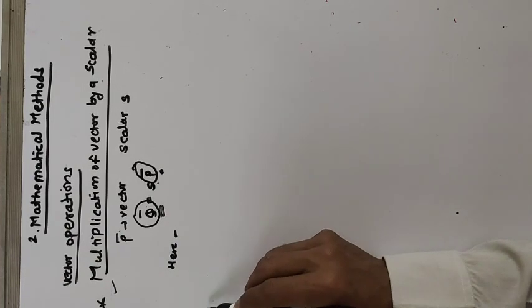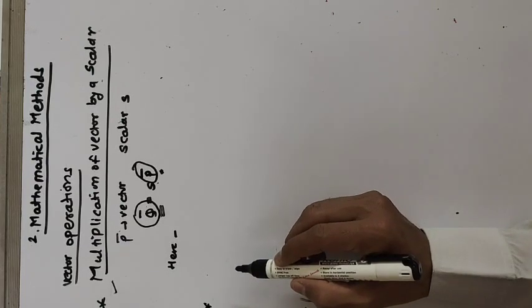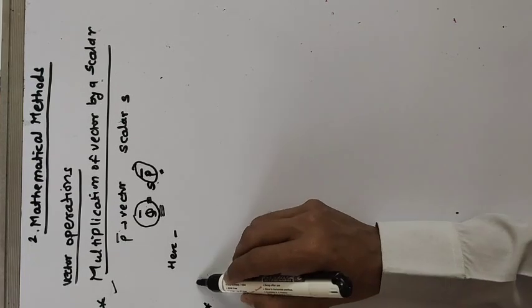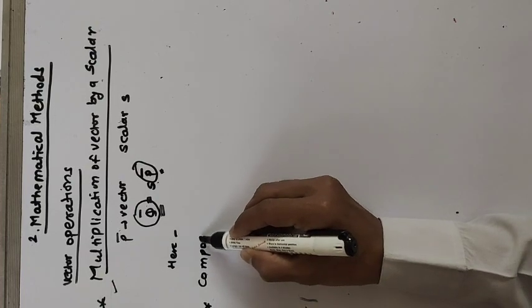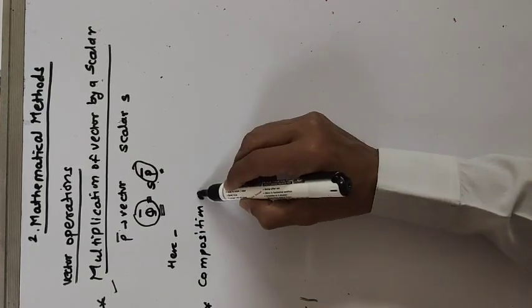In the next step, we have to consider what is composition of vectors.